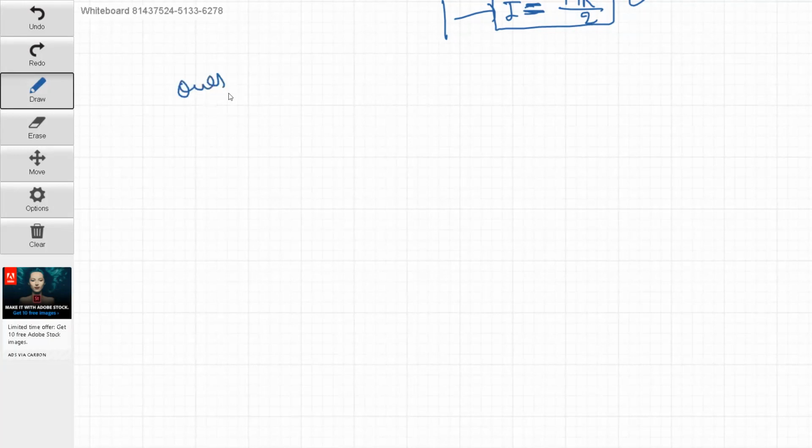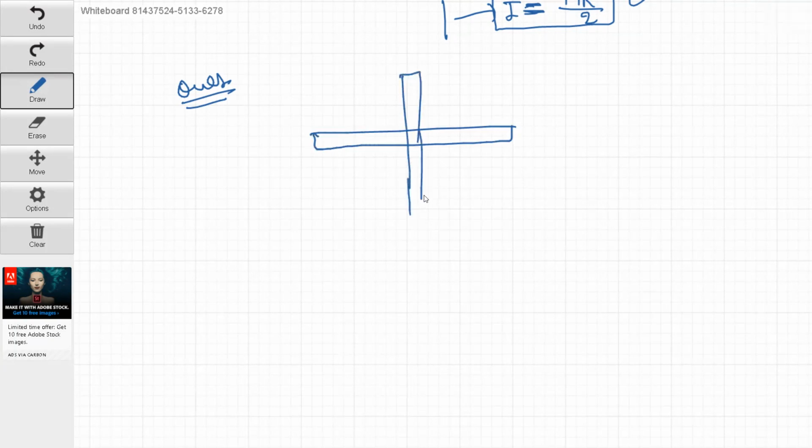Do some questions. This is a plus symbol. Its mass is m and whole length is L. Its mass is also m and length is L. This is the intersection point.